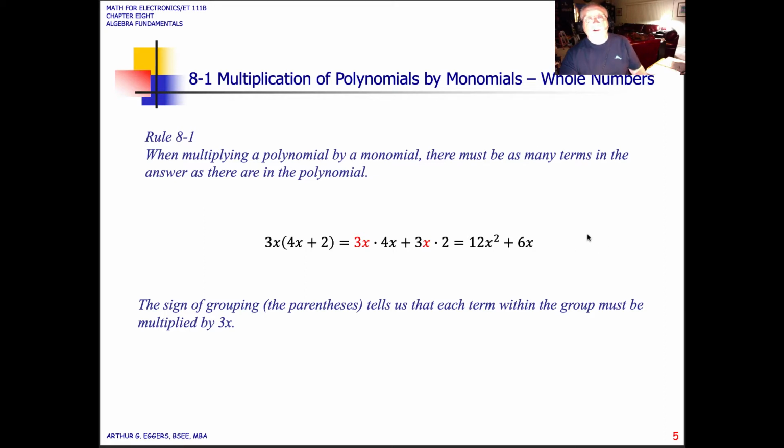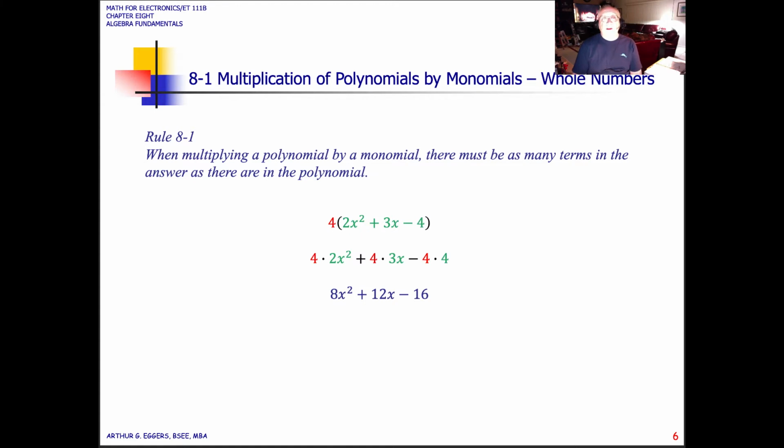So as the rule said, you would have to end up with as many terms as you had in the polynomial. The sign of grouping, or the parenthesis in this case, tells us that each term within the group must be multiplied by that 3x outside of the parentheses.